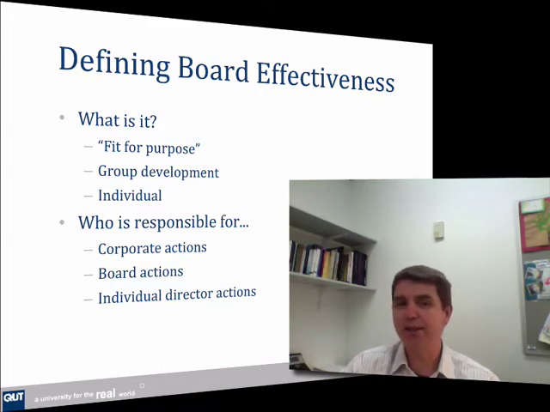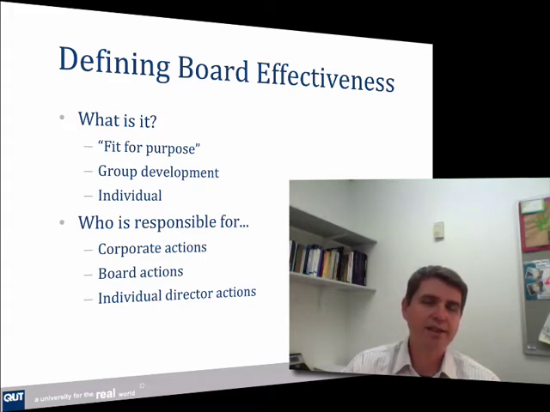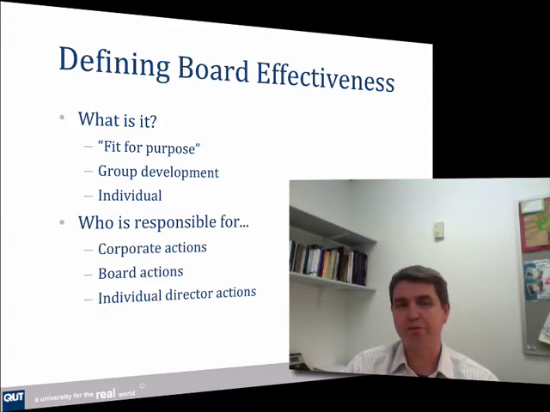And then finally, we have the individual director level. So if we're going to have an effective group, then we need individual director behaviours. In this area, we can think about things like directors being well prepared, good communicators. These are all issues that the individual needs to bring if the group's going to be effective.